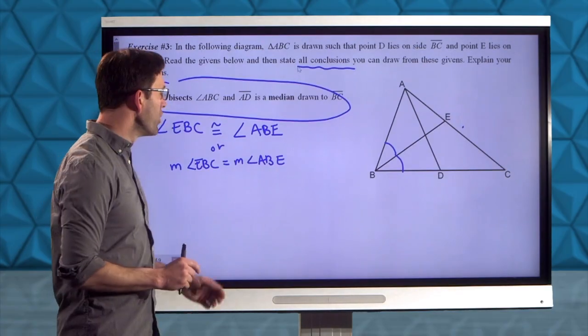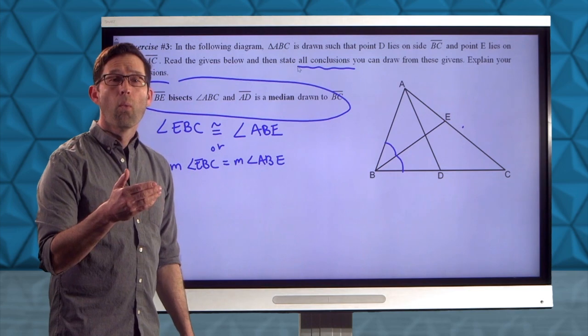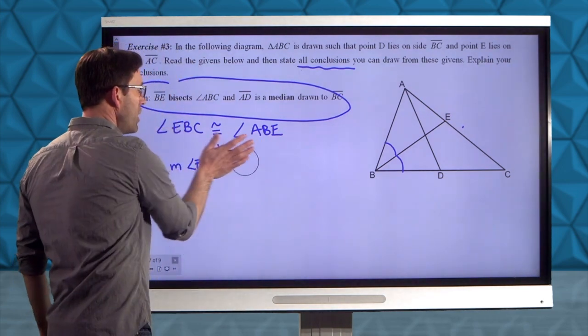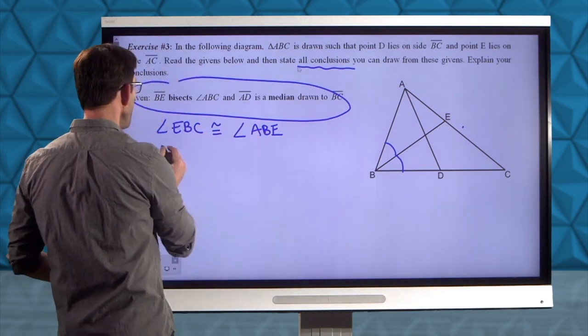Now, part of this, though, isn't just making the conclusion, but it's also explaining why we know that conclusion is true. So just to free up a little room, I'm going to get rid of this piece, and I'm going to explain this. Well, why do we know this?